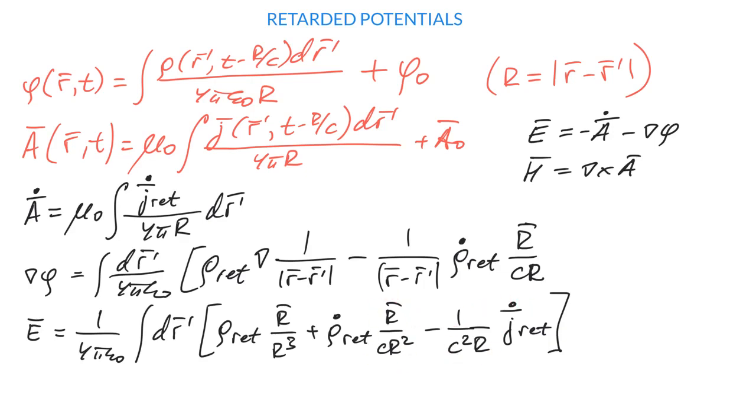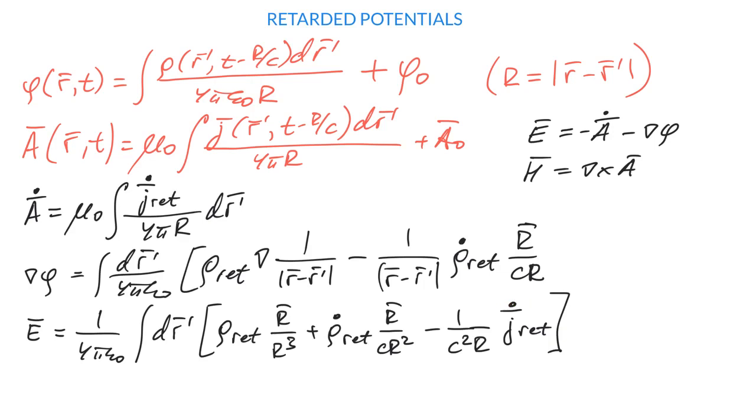So 1 over r decays slower than 1 over r squared. So far away from the location of those time-dependent sources, the field will be dominated by these terms that depend on the time dependence of rho and j. Those are the radiation terms.